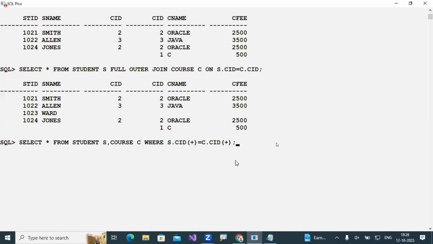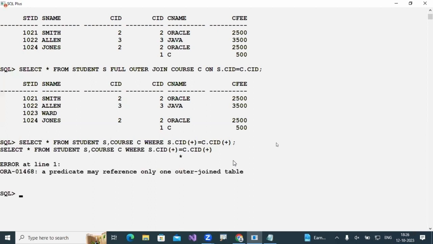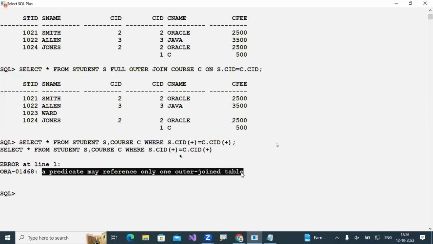You are expected this. Now you can see what happened. It's showing an error. And what does the error say? A predicate may reference only one outer joined table.